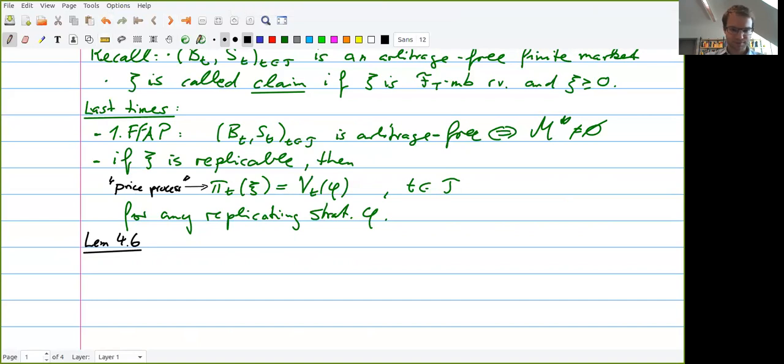So what it says: setting as usual, let me state it once again, our underlying market has to be arbitrage free, because only then is it reasonable to talk about pricing and hedging of financial options. So it's a finite arbitrage-free market.